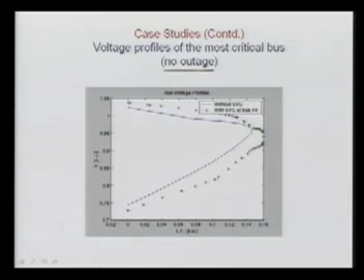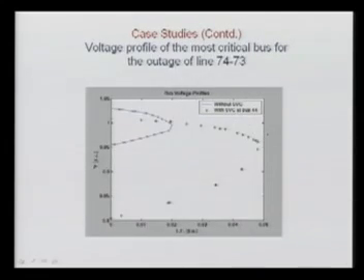You can see the loading factor is increased up to this point, and the voltage is also improved. Here the operating voltage is this much. So the voltage is improved, and we also improve the margin. Now let us see the outage of line 74 to 73, and this 74 is a very big line.